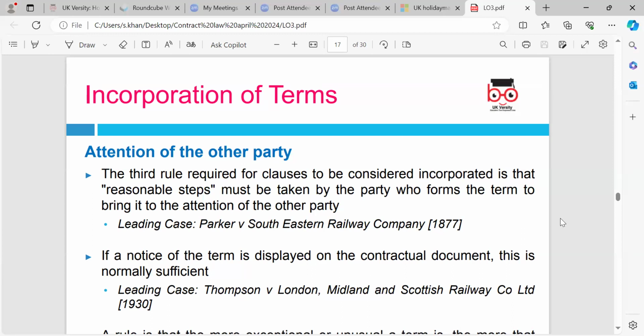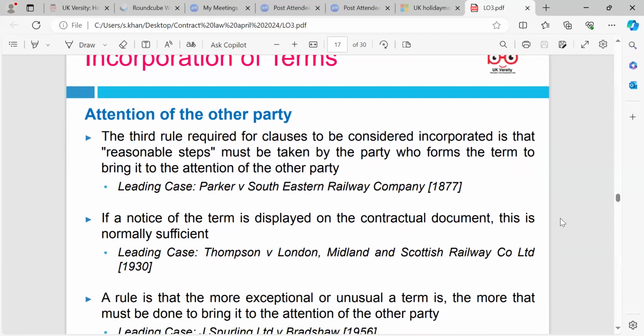In regards to the attention of the other party, the third rule required is that for a term to be considered incorporated, reasonable steps must be taken by the party who forms the term to bring it to the attention of the other. The case in regards to this was the case of Parker and South Eastern Railway Company, 1877.